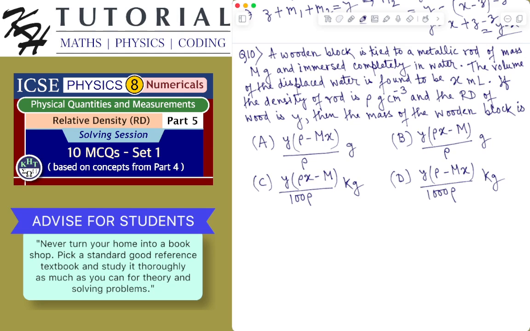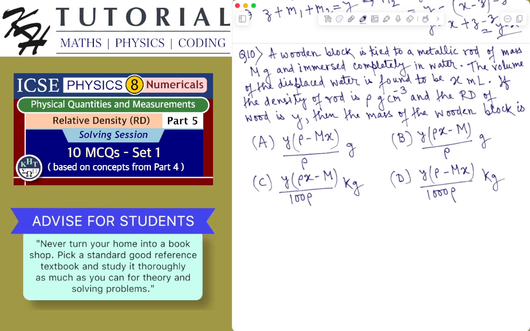The volume of the displaced water is found to be x mL, which means that the total volume of the wooden block and the metallic rod is x mL, because when a body is completely immersed in water, the amount of water displaced is equal to the volume of the substance.